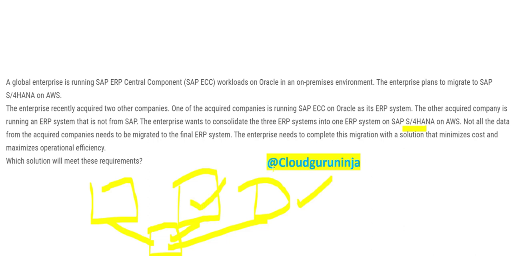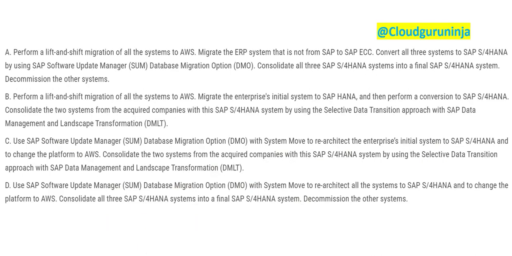You don't need all data, that is what they are saying. So some data you may not require, so you need to complete this migration. And obviously cost is important, you have to minimize, and operational efficiency you have to maximize. So what will you do?